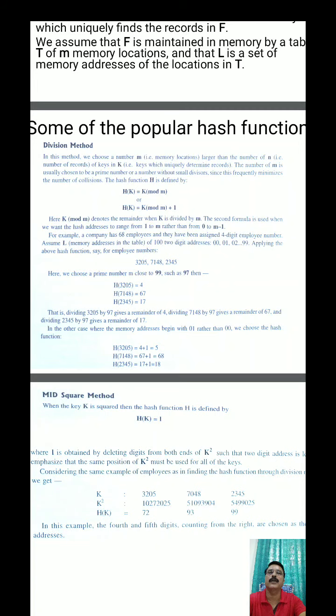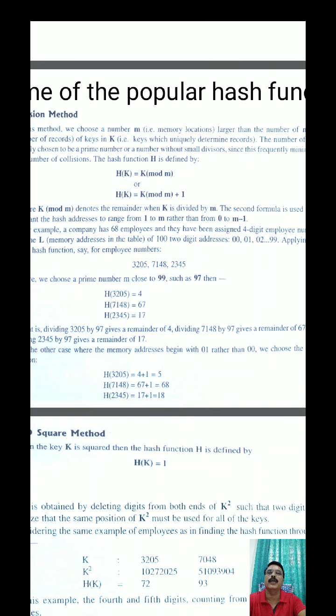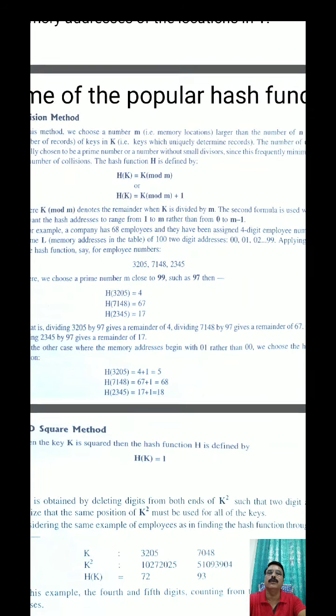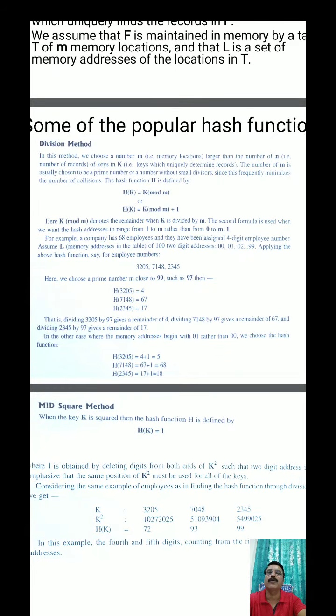The hash function h is defined by h of k equal to k mod m, or h of k equal to k mod m plus 1. Here k mod m denotes the remainder when k is divided by m. The second formula is used when we want the hash addresses to range from 1 to m rather than from 0 to m minus 1.